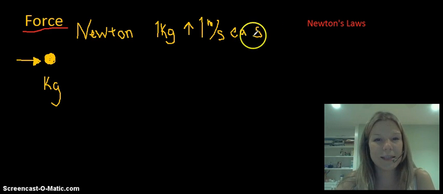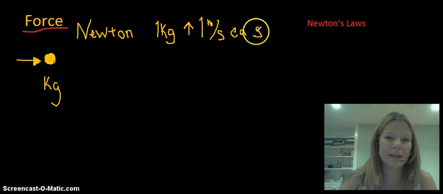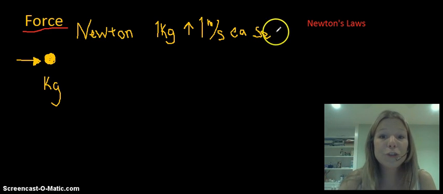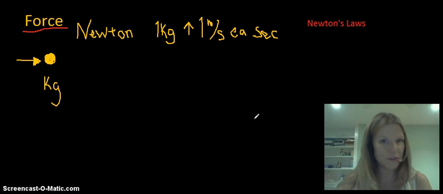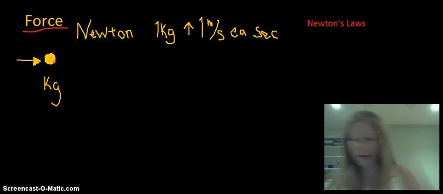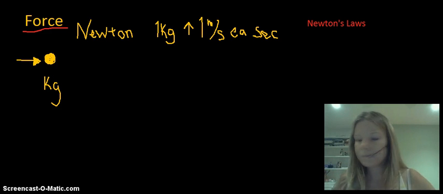So after 1 second, it would be going 1 meter per second. After 2 seconds, it would be going 2 meters per second, getting faster and faster. After 3 seconds, it would be moving 3 meters per second.